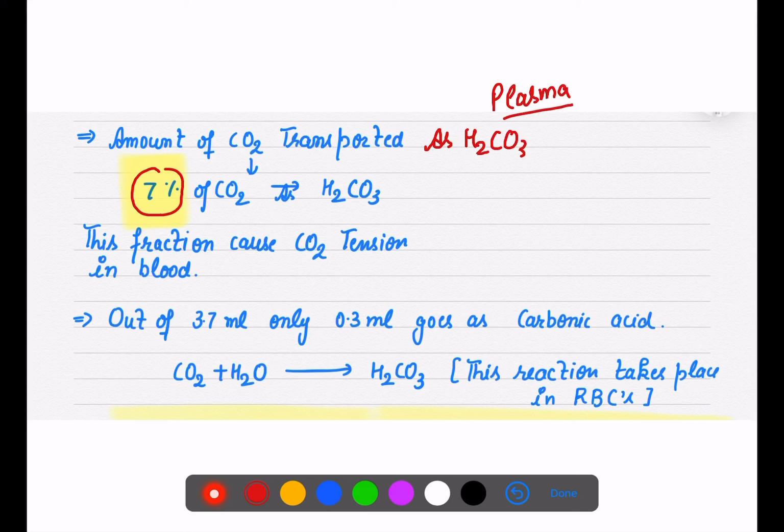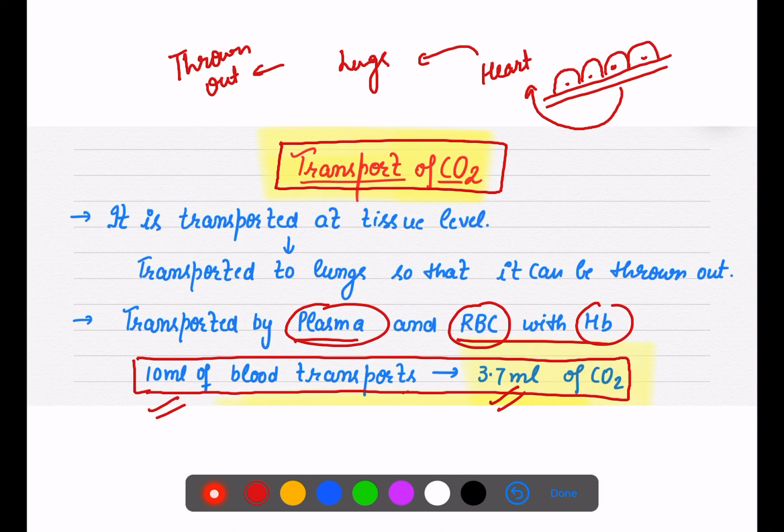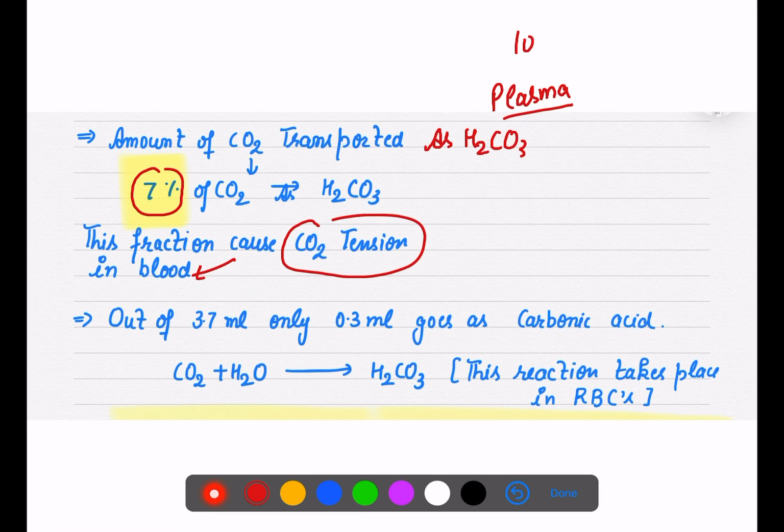This fraction sometimes creates a tension, CO2 tension in the blood, because it is increasing CO2. One more thing: I said 10 ml of blood can transport 3.7 ml of CO2, but out of that 3.7 ml, only 0.3 ml is transported as carbonic acid.